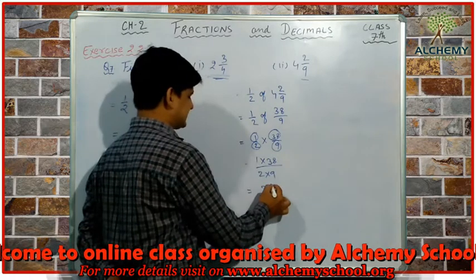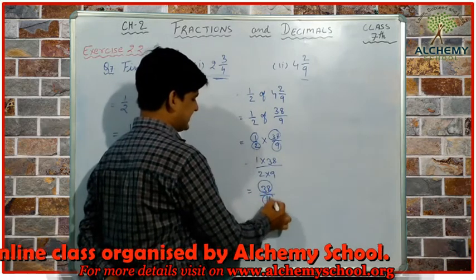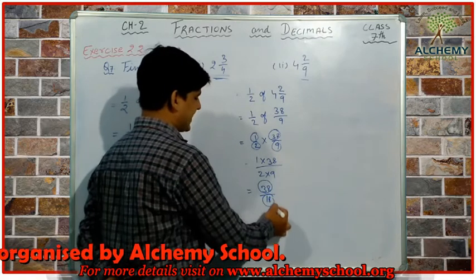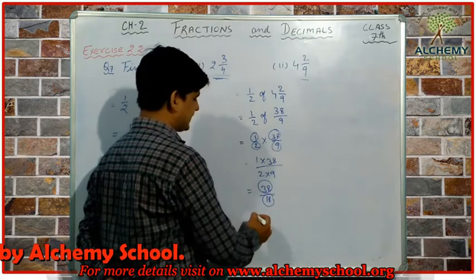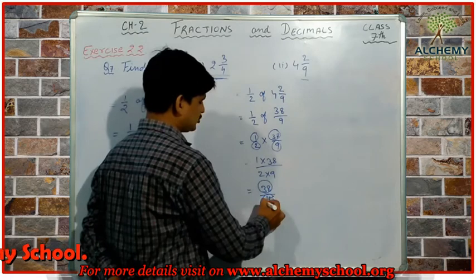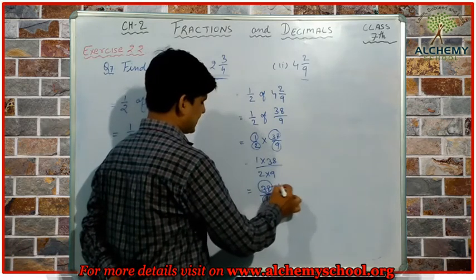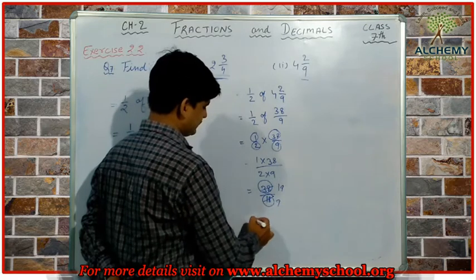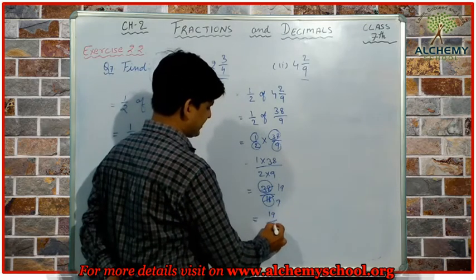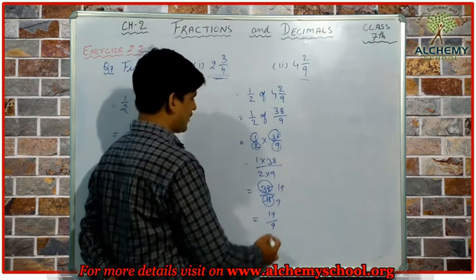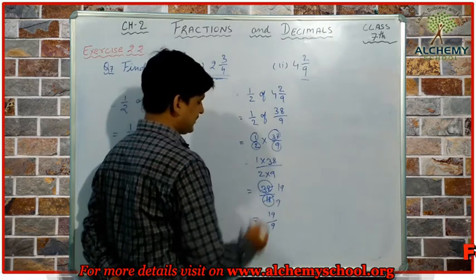So, students, we can see 38 and 18, both numerator and denominator, are divisible by 2. So, we can divide it. 2 19s are 38, 2 1s are 2, and 2 9s are 18. So, we get here 19 upon 9 as the simplest form of 38 upon 18.